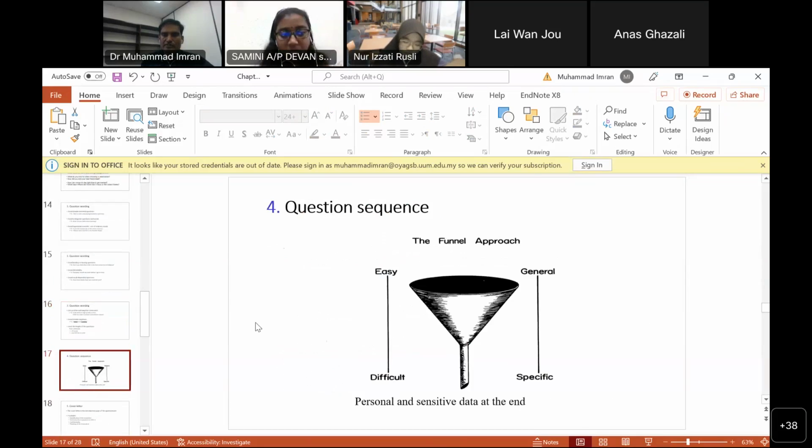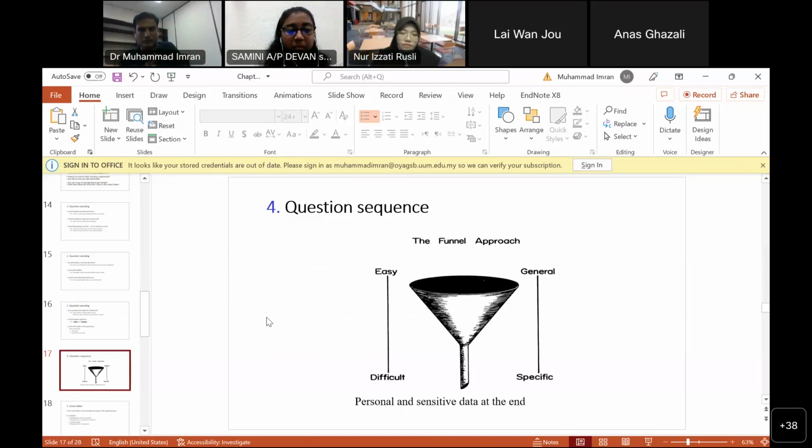Next, question sequence. Go from easy to difficult, and from general to specific, or from broader to specific. Very simply, one question is easy, the second is moderate, and the third is difficult.